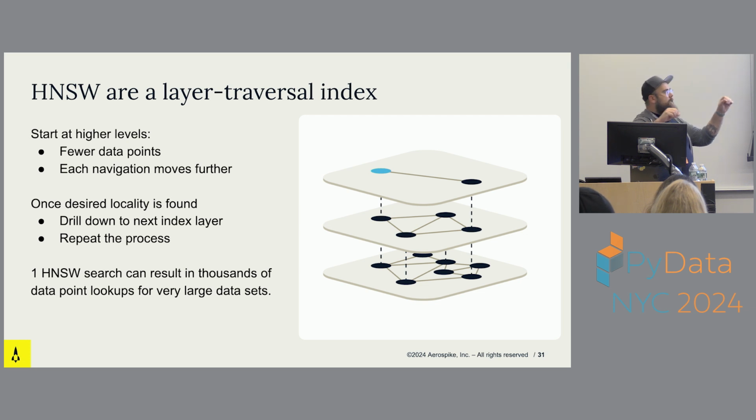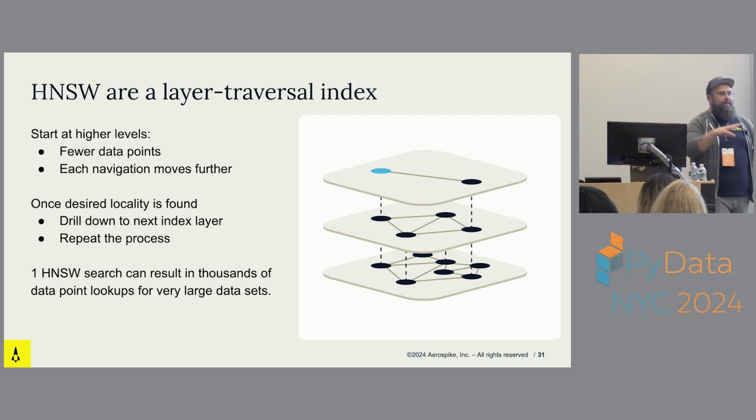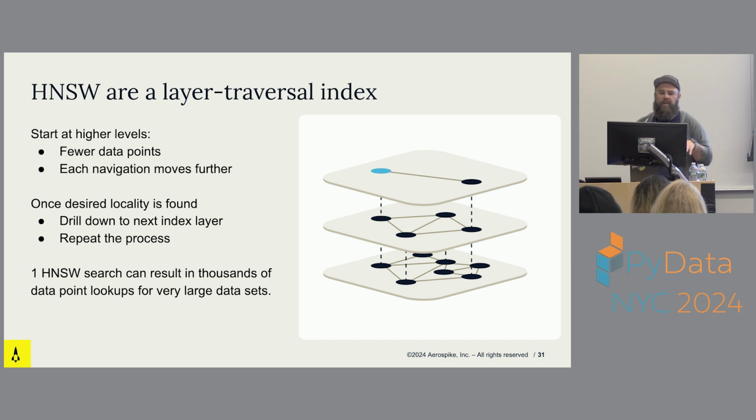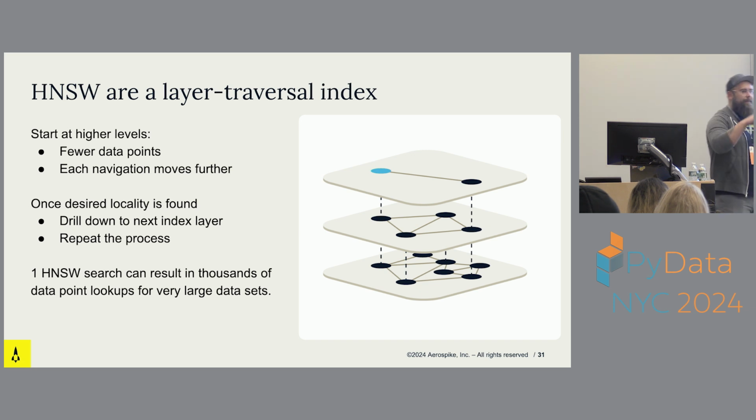Then I'm going to drop down a level. That graph is slightly more complex, and I'm going to figure out where I best fit on that graph. Once I find my best fit, I'm going to drop down to the next level. And that's going to be even more complex. I'm going to find my best fit, and then I might drop down to another level, and so on and so forth, right?